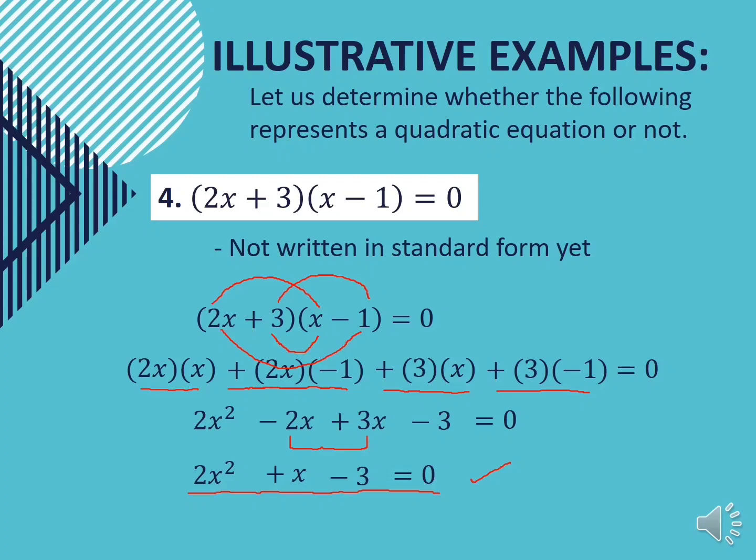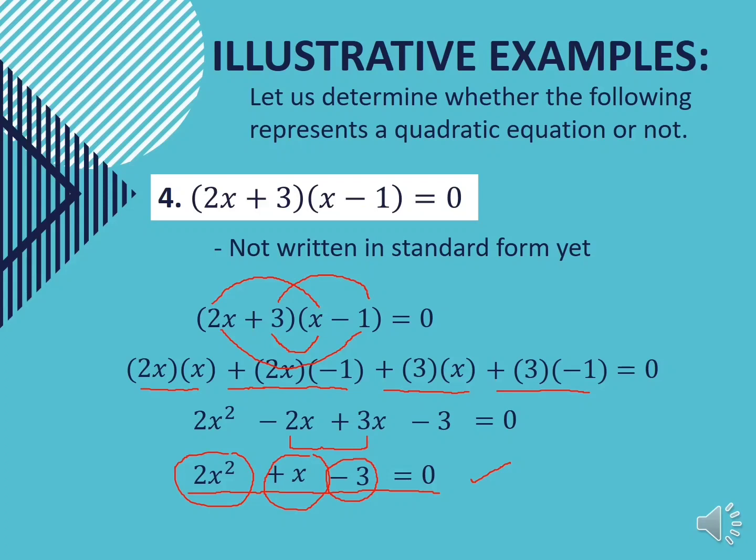So, dito, akala natin nung una, ang degree niya is 1. Ano? So, please, let us be careful. So, this is 2x squared plus x minus 3 equals 0. And this is an example of a quadratic equation. Wherein the quadratic term is 2x squared. This is the linear term, positive x, and negative 3 is the constant term.